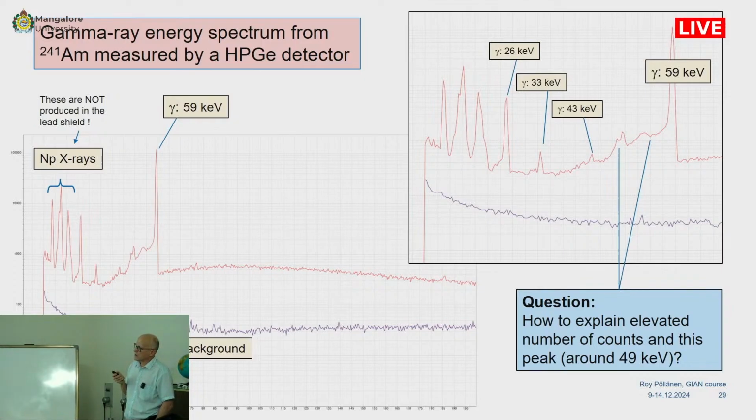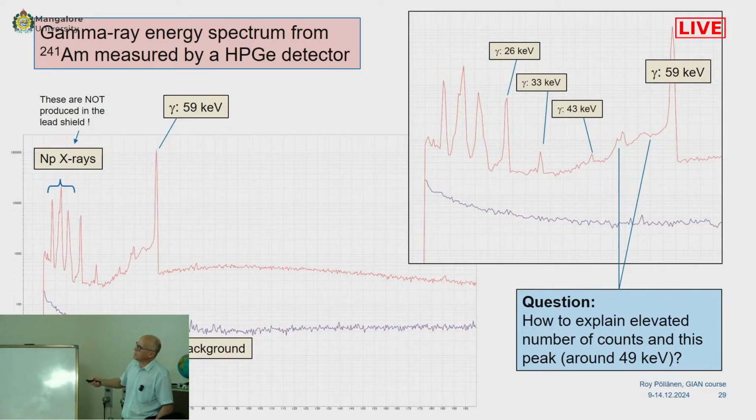In the efficiency calibration, I used two kinds of sources. One source contained only lead 210, another source contained a mixture of different nuclides. I will explain this later, but this spectrum is from an americium-241 source.